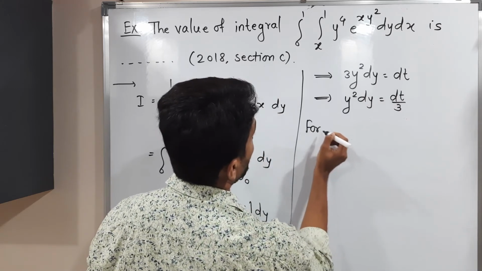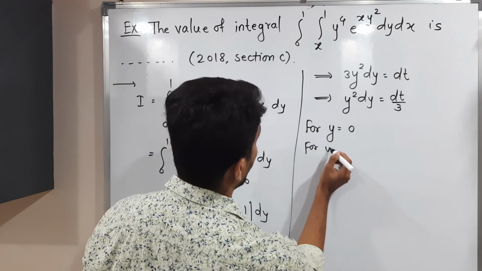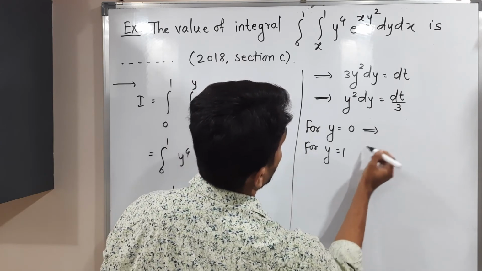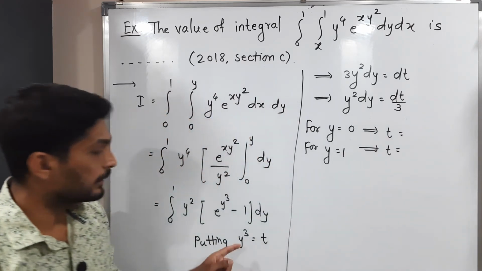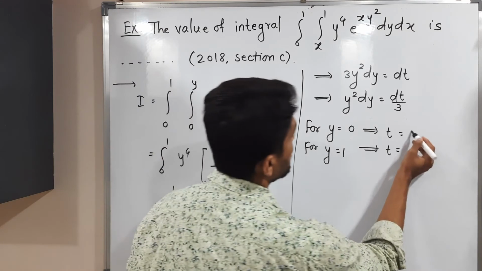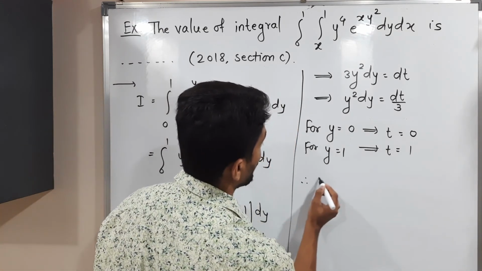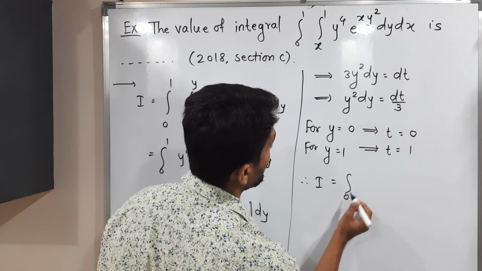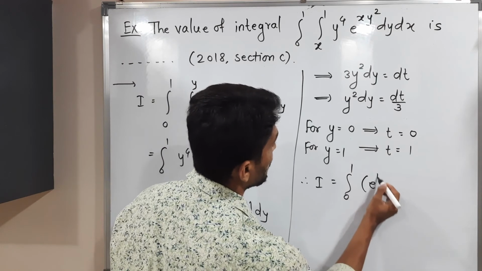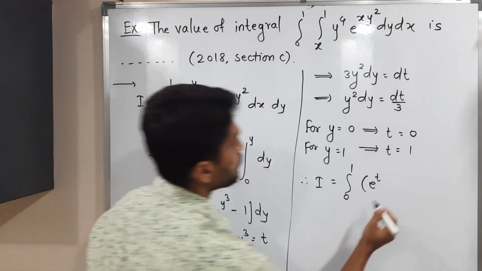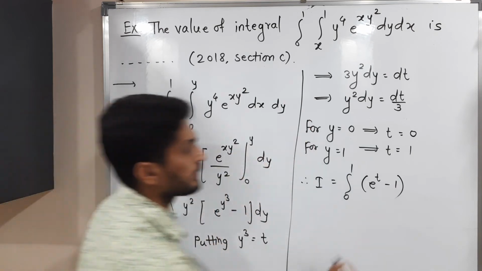Let us talk about limits now, for y = 0 and for y = 1. Let us find the new limits of t. If I put y = 0, the value of t is 0, and if I put y = 1, the value of t is 1. Therefore I = integral from 0 to 1 of (e raised to t minus 1), with y square dy = dt by 3.